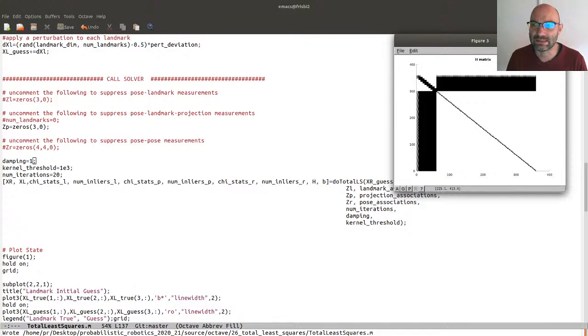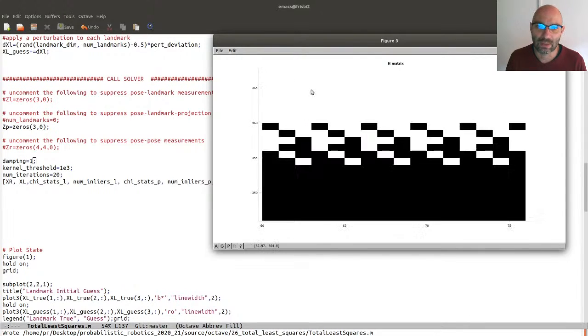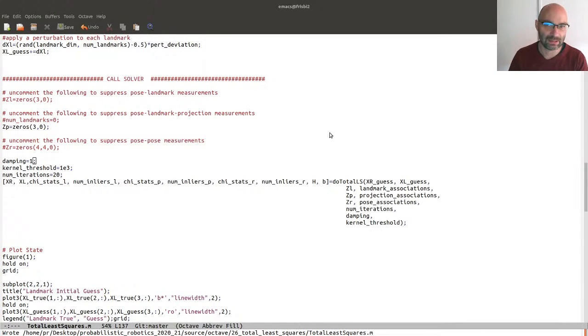You say, but what is this scattered structure that you see here? Well, this is because of the J transpose omega J: the first robot position is not completely full, the Jacobian, right? And so also J transpose omega J will not be completely full for the first pose. While the other poses, maybe they observe much more stuff, and so the pattern will be nicer.